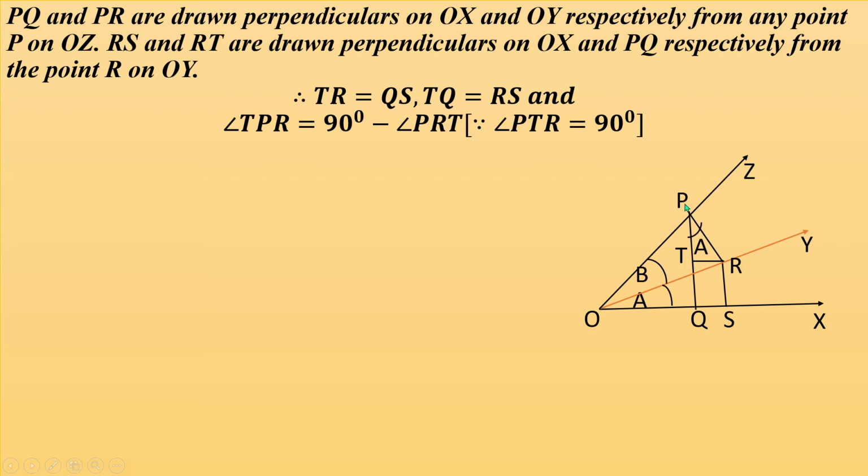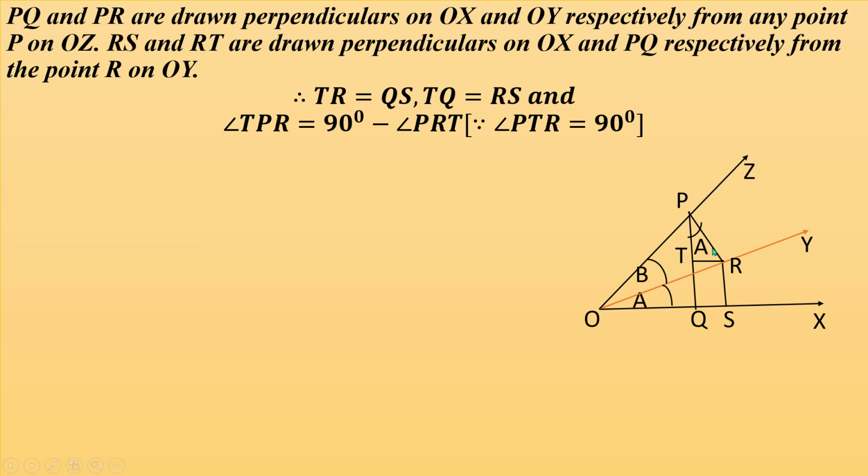Again follow, PR is perpendicular to OY. So the angle PRO is equal to what? PRO is equal to 90 degrees, because PR is perpendicular to OY. As a result, 90 degrees minus this angle, as the total angle is equal to 90 degrees.